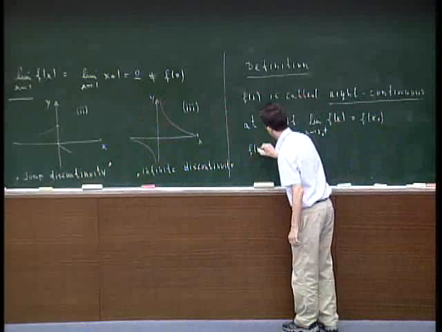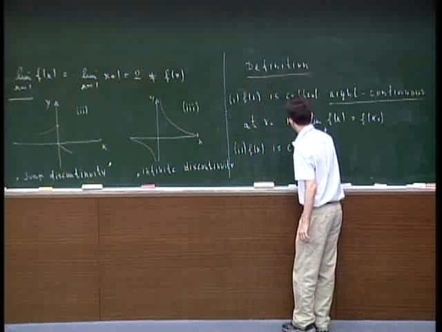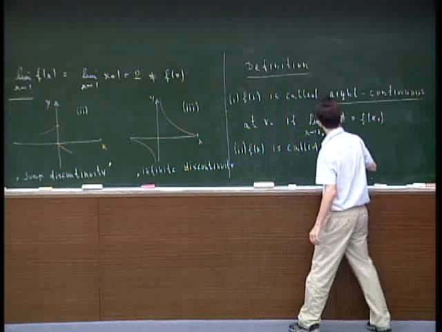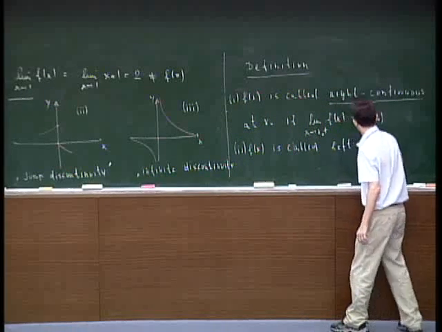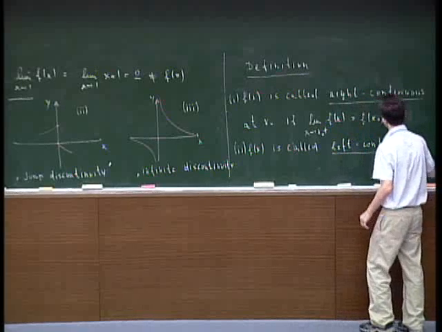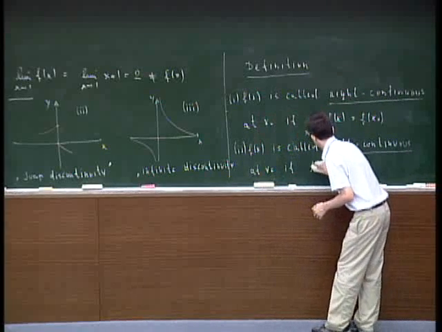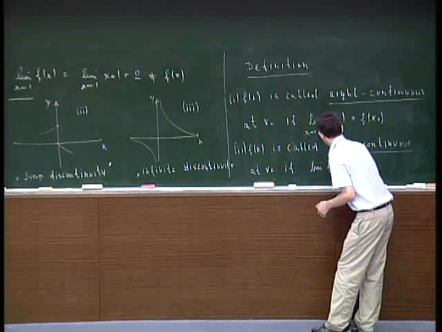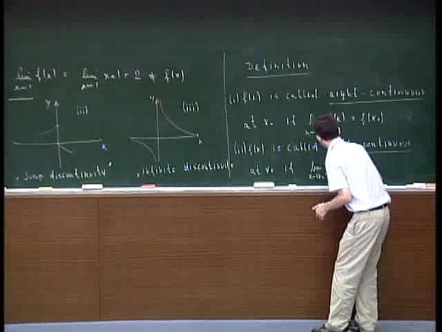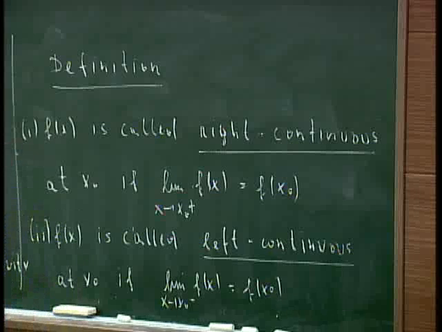So f of x is called left continuous at x0 if the limit of f of x as x tends to x0 from the left is equal to f of x0. Okay. And the function is continuous at x0 if and only if it is right continuous at x0 and it is left continuous at x0.